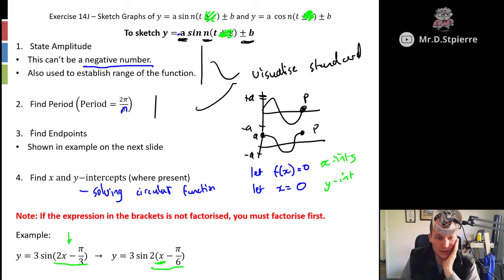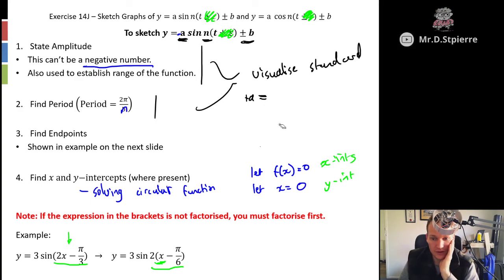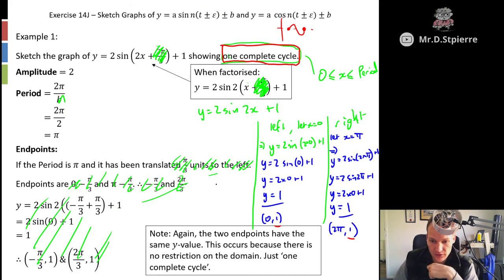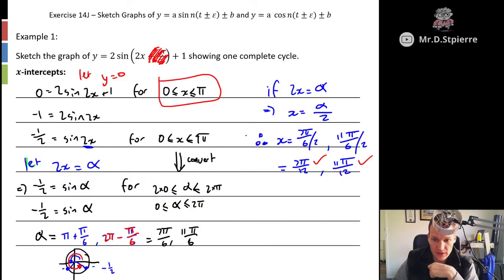Then define the endpoints. To find the endpoints, you need to be able to solve the equation using the domain. You need to be able to find your x and y intercepts, again solving the equation.